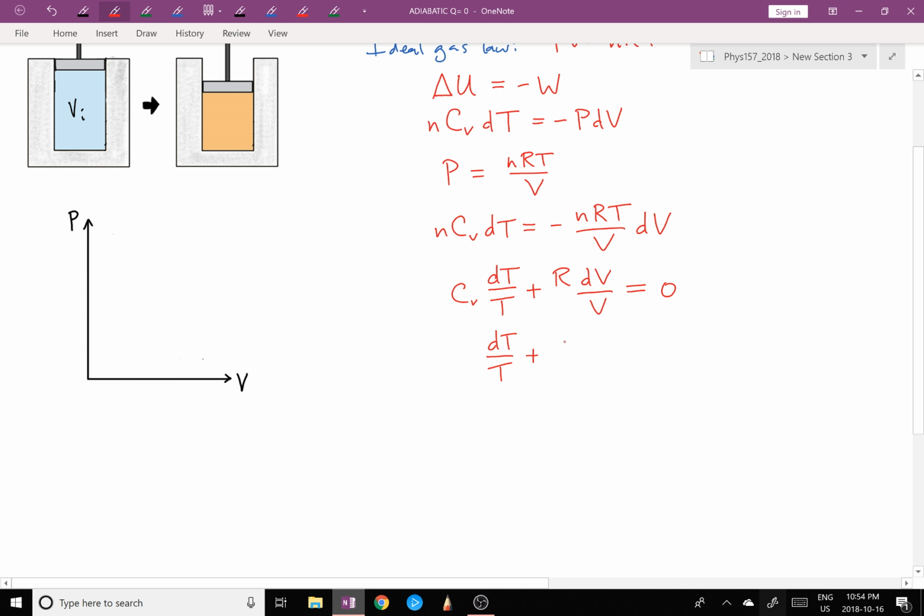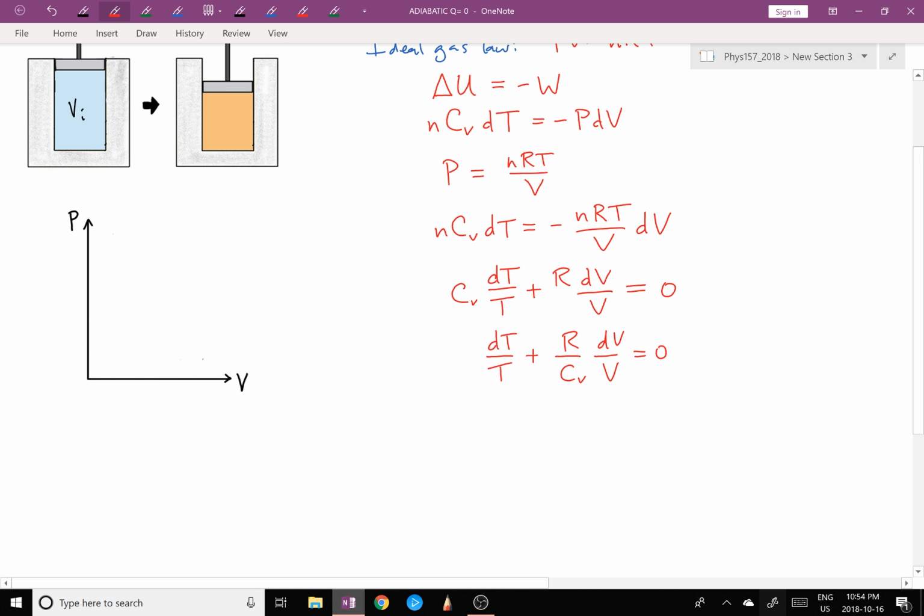And so what I'm going to do is write that as dT over T plus R over Cv dV over V equals 0.